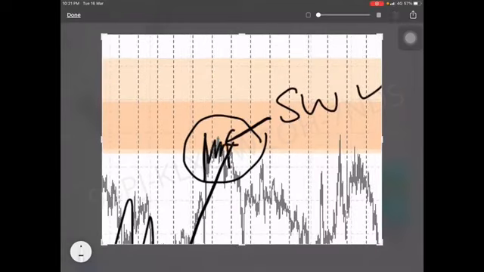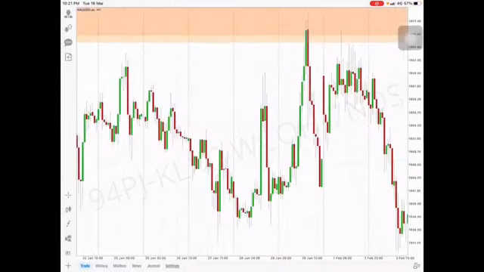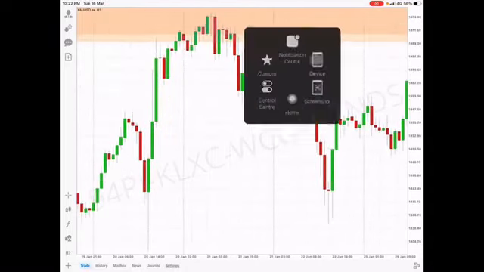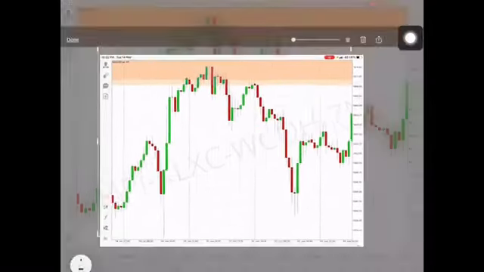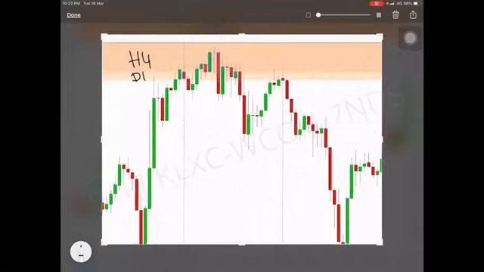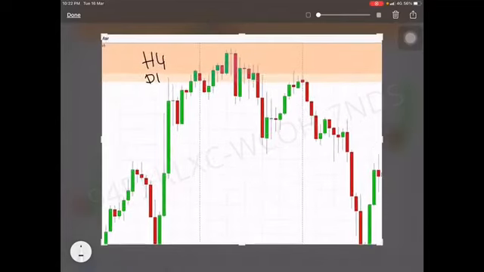Yes, so there is also sideways inside of the zone. Okay, so now, when the price reached the zone, this one is the H4 zone and this one is the daily zone. As you can see, the price has broke out of the H4 zone.